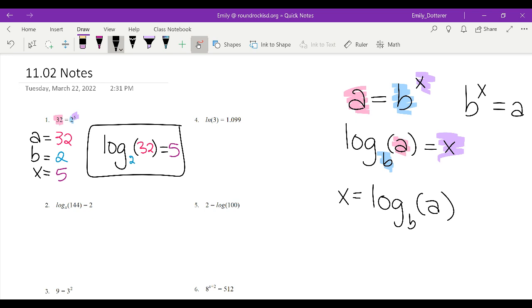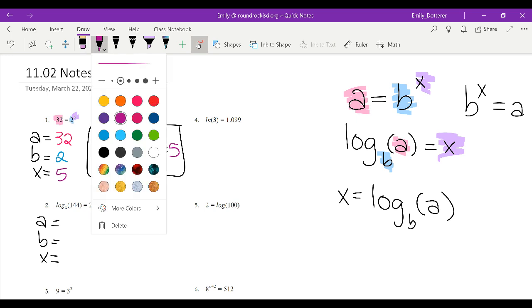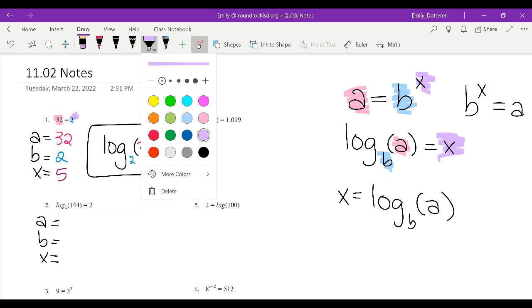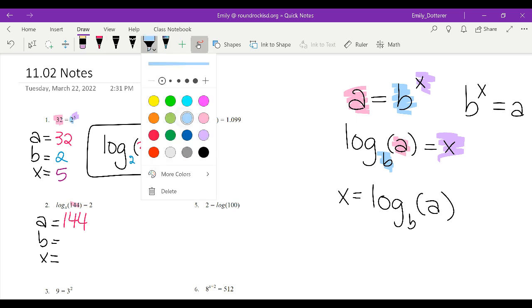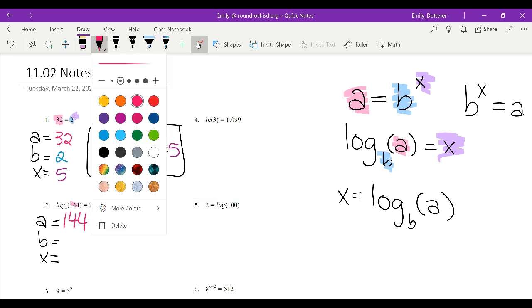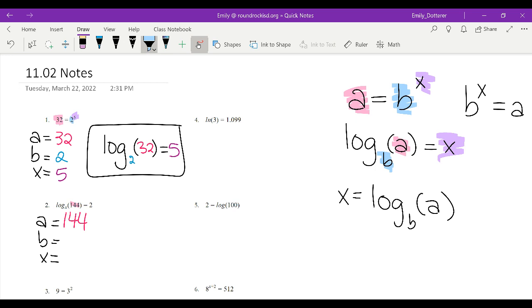For number 2, this one starts with a logarithm. A is the number inside of the parentheses, which is 144. B is our base, which in this case is x.